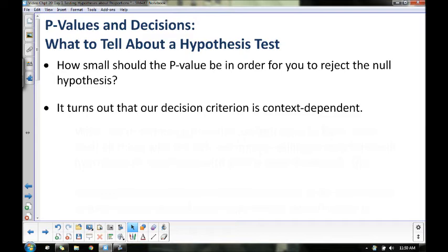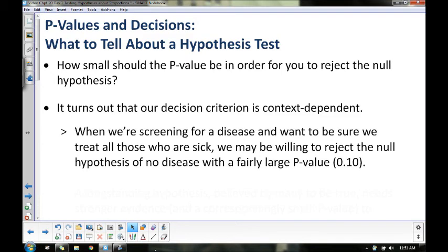I mean, frankly, whether or not I'm going to believe that taking, I don't know, Emergen-C is going to help me shorten the length of my common cold, I don't need too much evidence in order for me to actually go with it. But if I'm going to be sentencing somebody to the death penalty, I need very strong evidence because of the consequences.